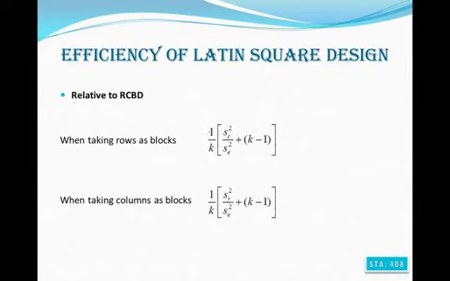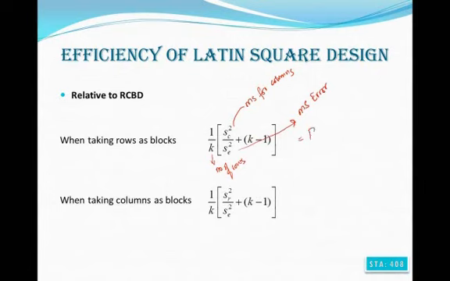In this, k is the number of rows, or number of treatments, or number of columns, because in a Latin square design, there are k treatments and it is a k cross k design. So you can say it's the number of rows because we are taking rows as blocks. Sc square is the mean square for columns, and this is the mean square error, and again k is the number of rows, minus 1.